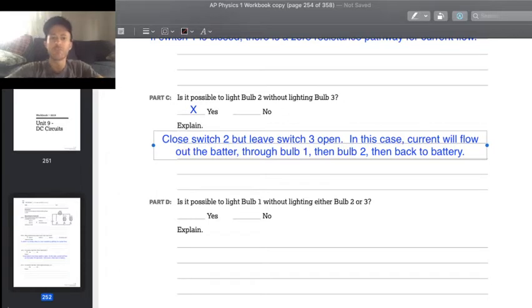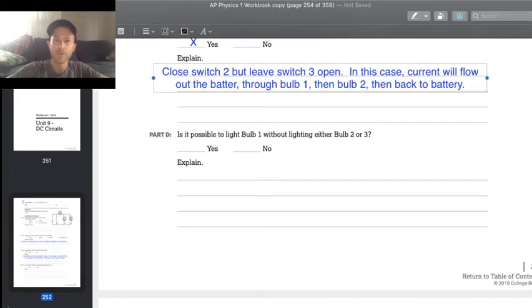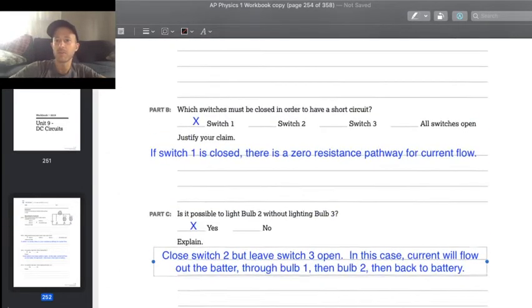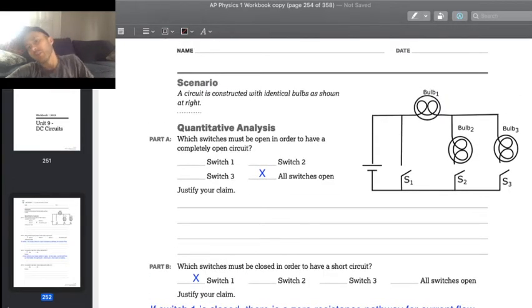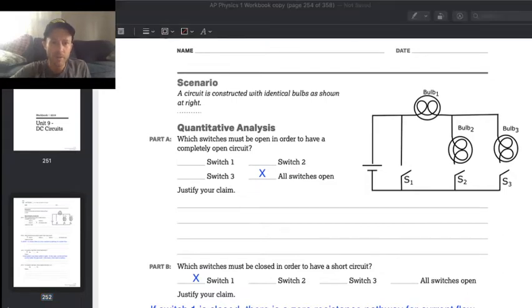Is it possible to light bulb 1 without lighting either bulb 2 or bulb 3? We can see that if current flows through bulb 1, current comes out of the battery and flows through bulb 1.